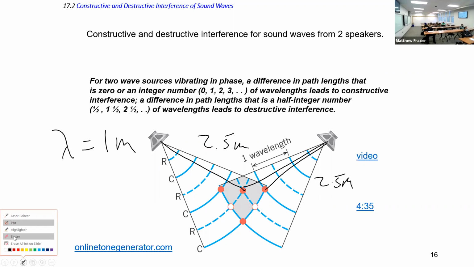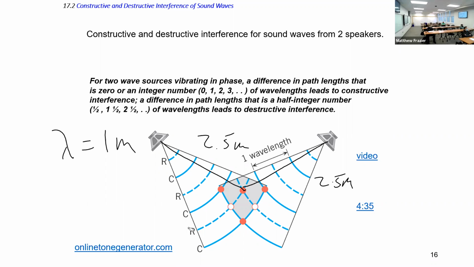The point of this is, if the path difference is a multiple of the wavelength, then it's constructive interference. A multiple of the wavelength means that the phase difference is a multiple of 2 pi.